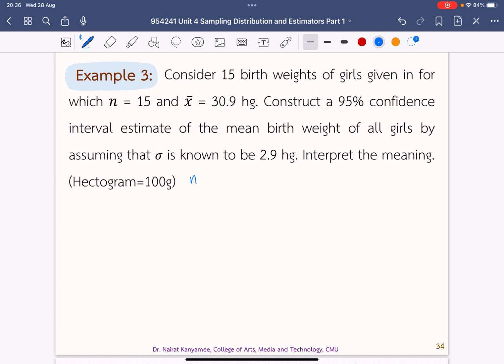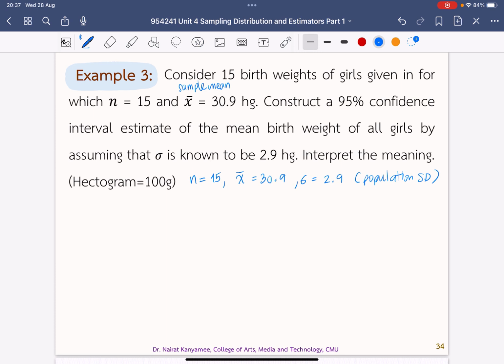So from the question, write down what we know. We have n is 15, x bar, the sample mean, is 30.9, and sigma is 2.9, okay? Sigma is the population standard deviation.